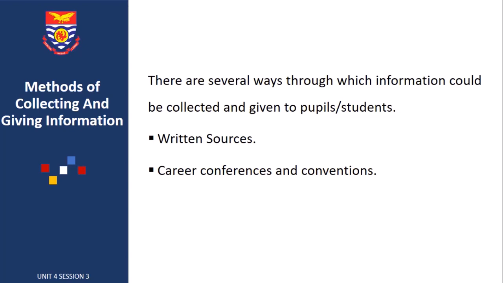Many industries, professions, and institutions publish relevant information about their establishments in booklets, catalogs, brochures, occupational monographs, brief guides, and other printed materials. A lot of information on jobs and institutions could also be obtained from advertisements, newspapers, and magazines.